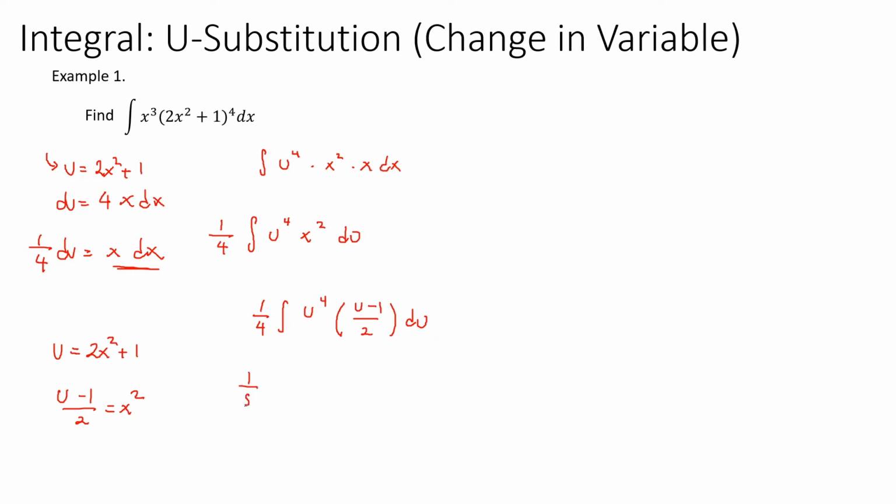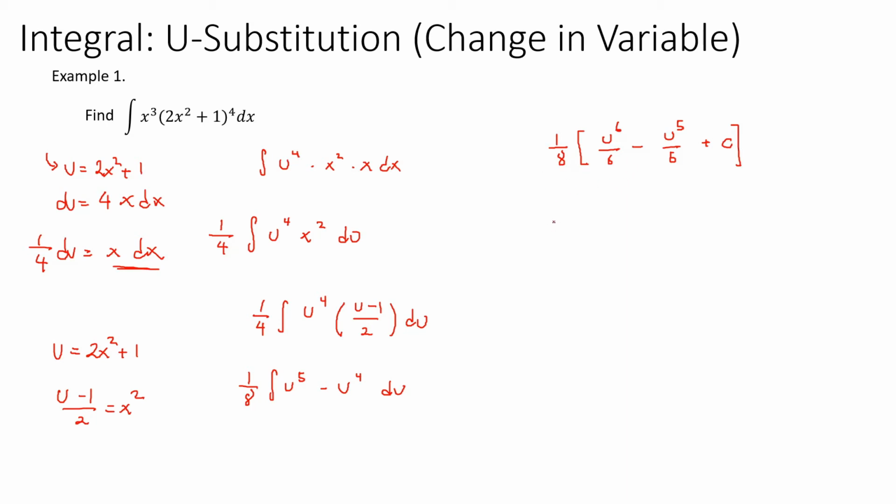So 1/8 integral of u to the 5th minus u to the 4th du. Now we could use the power rule to solve this out. We have 1/8 times u to the 6th over 6 minus u to the 5th over 5 plus c. Just don't forget to substitute your u back in.